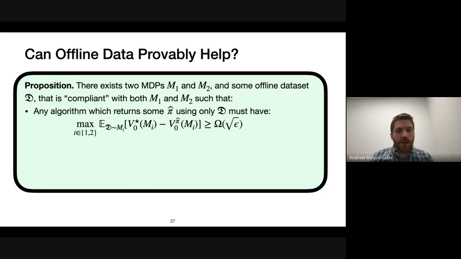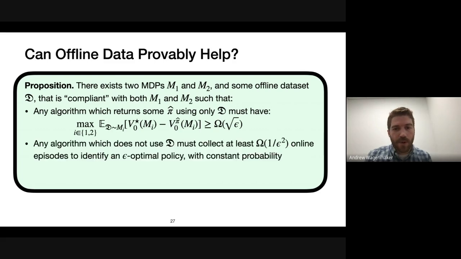And so we can show that, if our goal is to learn an epsilon optimal policy, any algorithm which returns some pi hat using only the offline data must have suboptimality at least square root of epsilon. If our goal is epsilon optimal, the square root of epsilon could be substantially larger, so we can't meet our goal of getting an epsilon optimal policy. Any algorithm that does not use this data set must collect at least 1 over epsilon squared online episodes to identify an epsilon optimal policy.